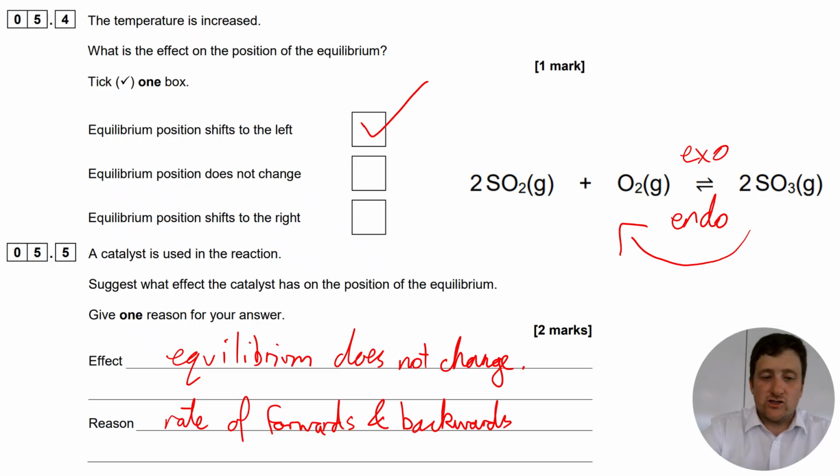It increases the rate of reaction. But the rate of the forward and backward reactions increase equally. So it's not that the forward increases more than the backward or vice versa. They both increase just equally.